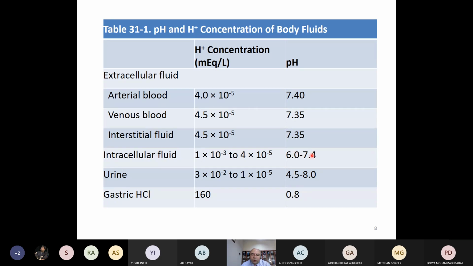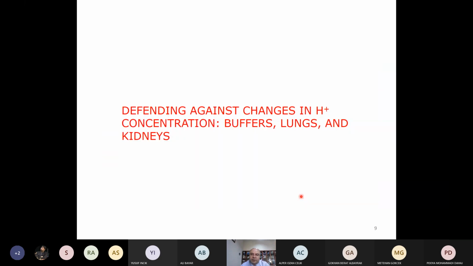As you see, it is lower. Urine pH varies between 4.5 and 8, and gastric hydrochloric acid 0.8, so it is very, very acidic. Now, defense against changes in hydrogen ion concentration: buffers, lungs, and kidneys defend us against changes of hydrogen concentration.